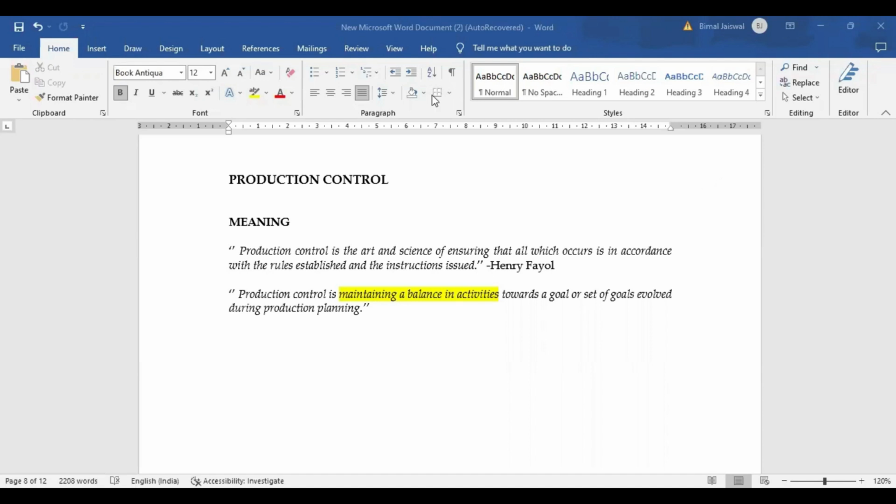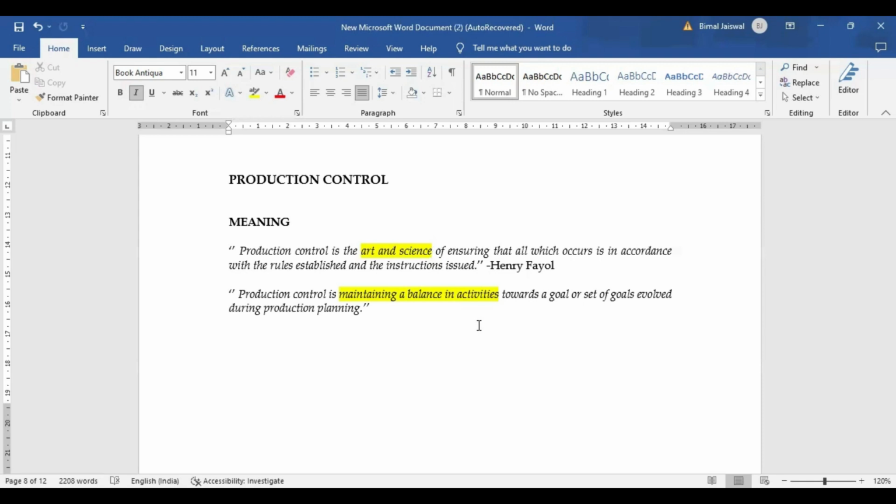And see what he has said, that it is an art and science. When we say art and science, it means art comes from practice and science is the assimilation of principles and methods. So certain things are controlled in production activities with the help of art, that is the experience we have of doing that activity, and many things are controlled with the help of scientific methods.